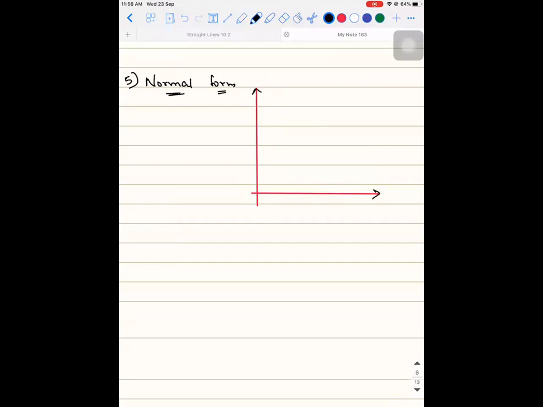So if this is x and this is y, then let's say there is a line given. Again, I'm repeating, just because I'm taking the first quadrant, it need not always be in the first quadrant. So for this line, if they give you the perpendicular distance from the origin to that line, let's say they are giving something like this.